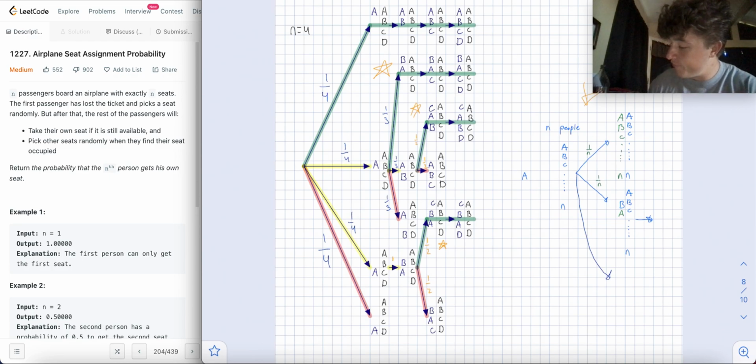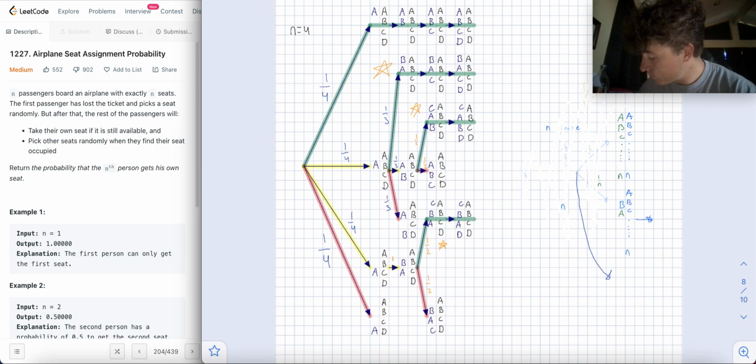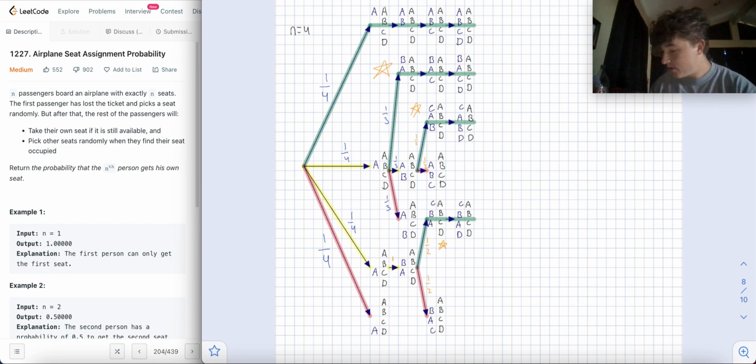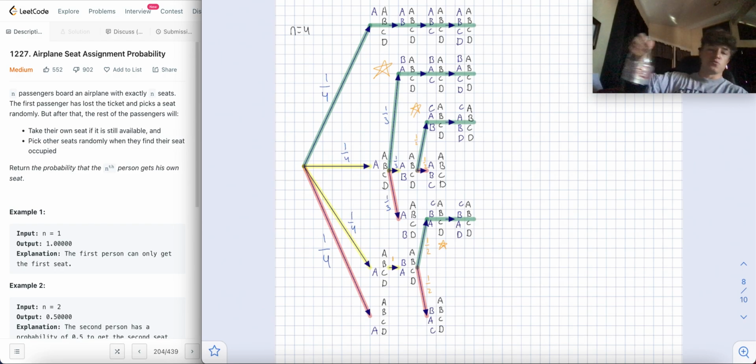So the first thing you'll notice is... what's the first thing you should notice? Let's just sit here and think about this for a second, how we're going to articulate this point to make it obvious. You pick your seat. If your seat's taken, you pick a seat at random.